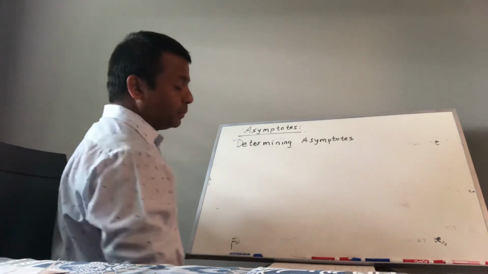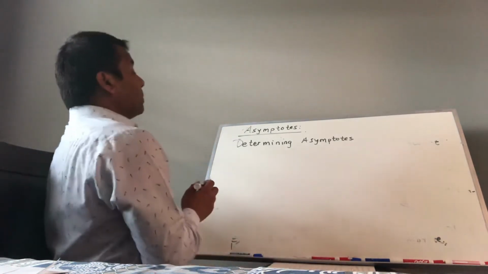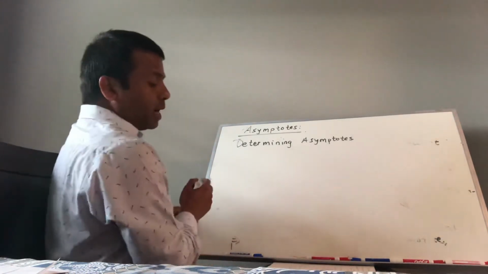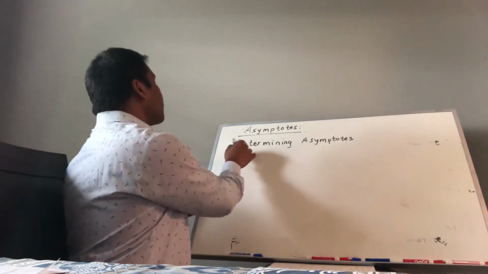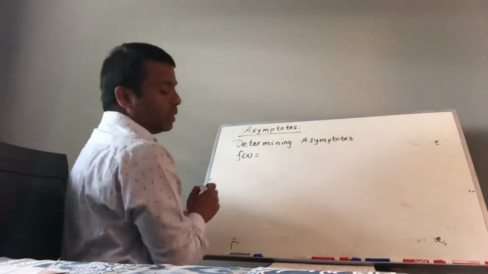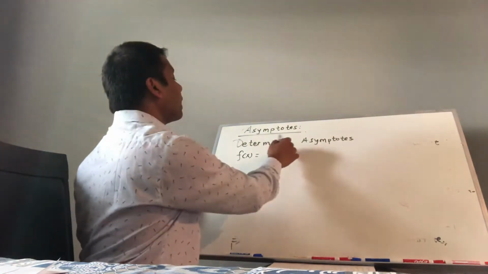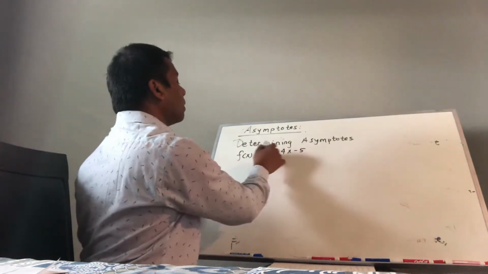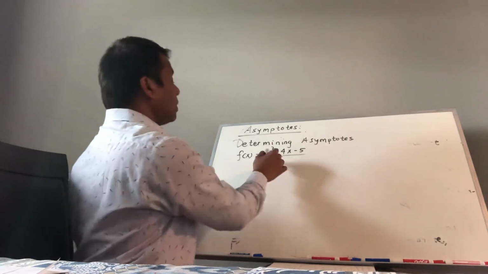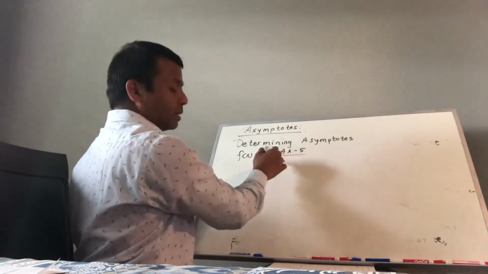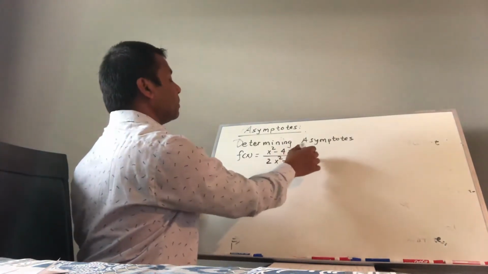Let's start with the example. Suppose we have a rational function f(x) equals x squared minus 4x minus 5 over 2x squared minus x minus 10.